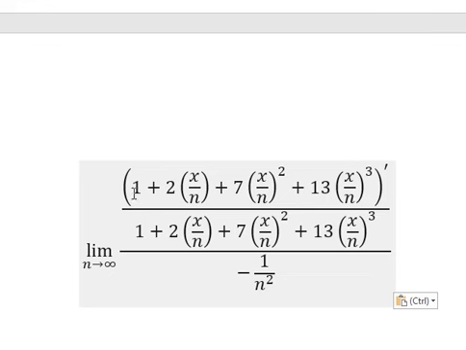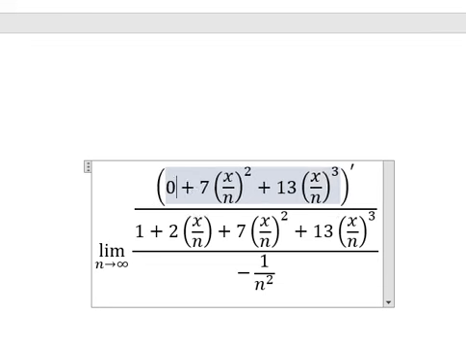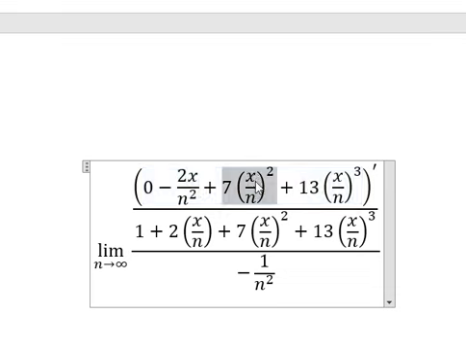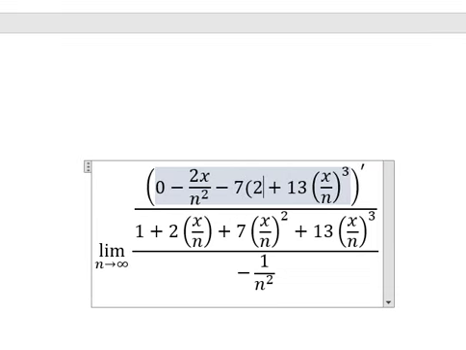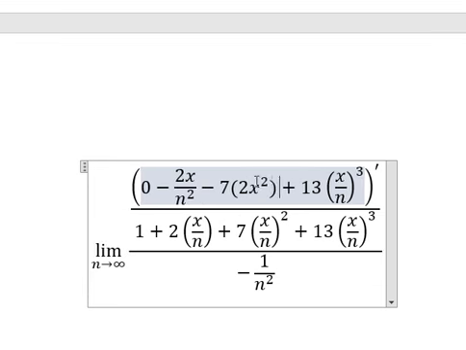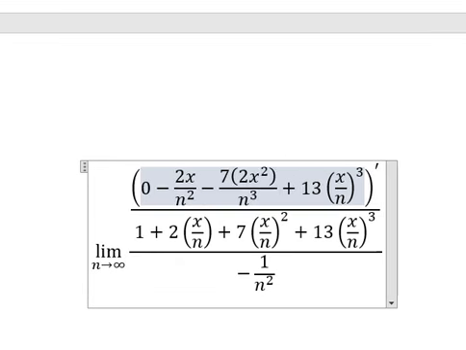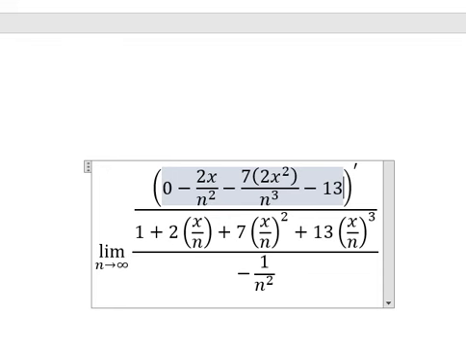The first derivative of number 1 is number 0. This one we have negative 2x over n squared. This one is negative 2x squared over n to the power of 3. About this one, we have like this.